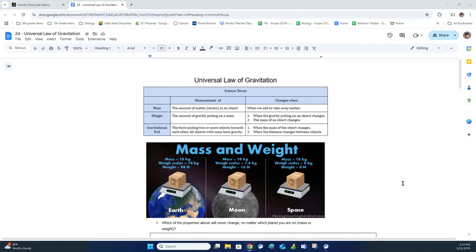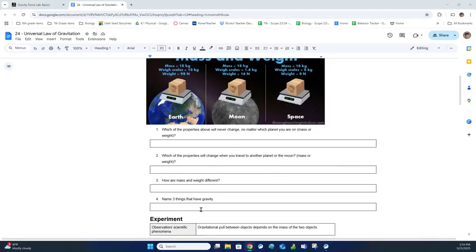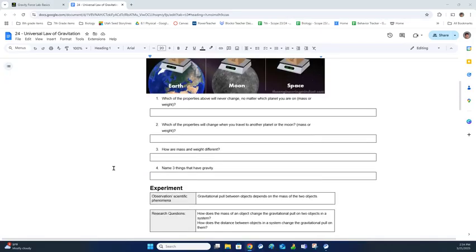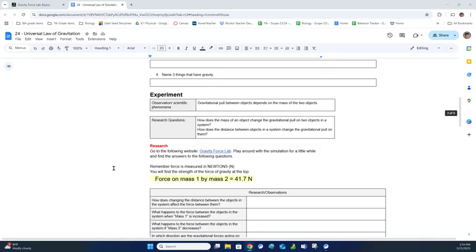If you did the jumping extension, you should know that you jump different lengths on different planets due to the amount of gravity. And then also, how does that affect your weight? If you need some clues on that, you could look at the differences of mass and weight over here, and answer the couple questions.